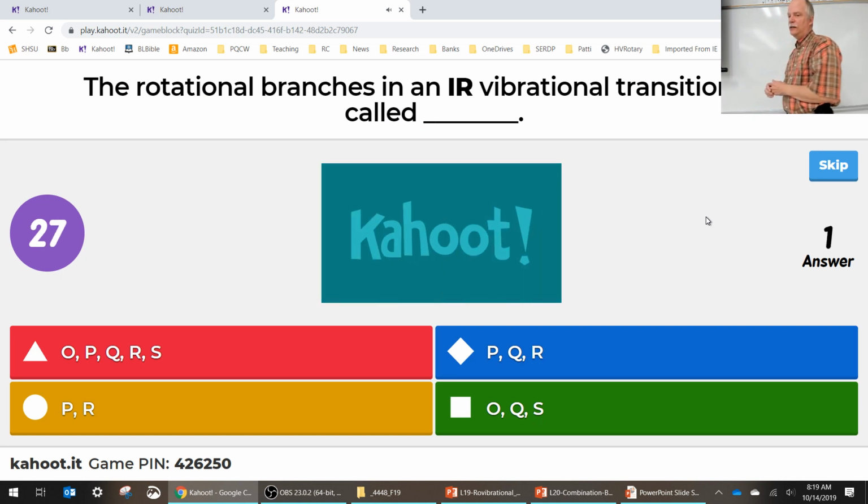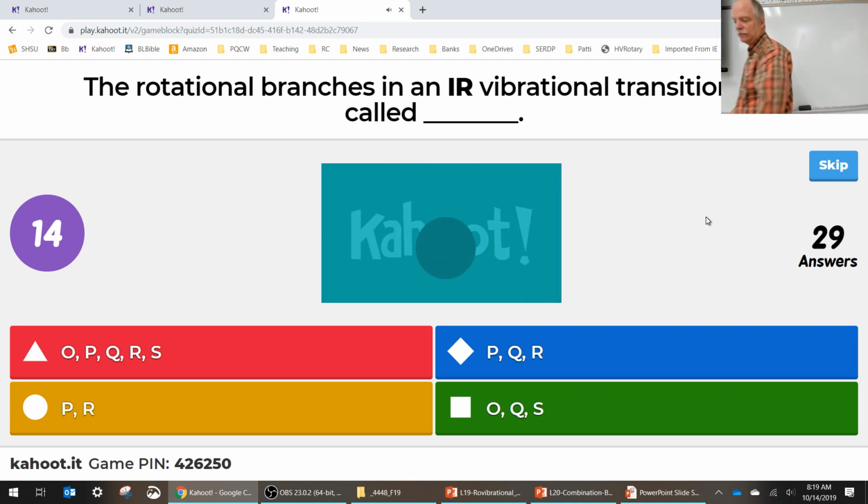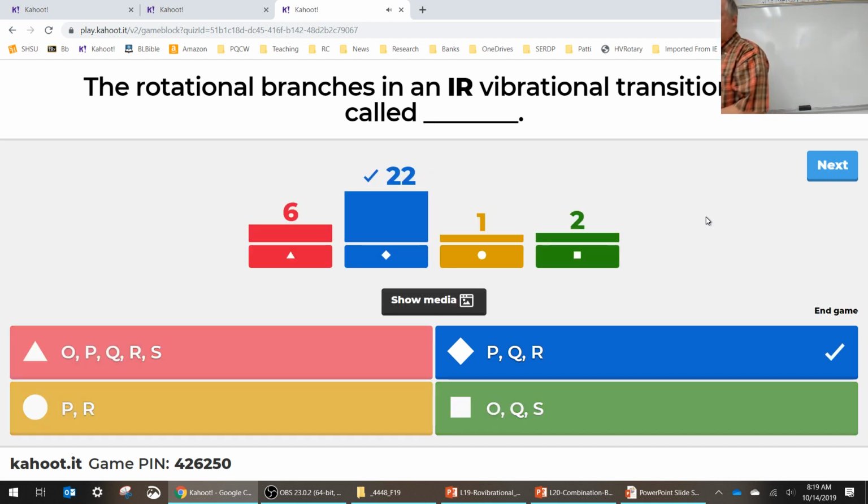So the rotational branches in an IR vibrational transition are called, very good, it's just P, Q, and R. So when we say IR, we're implying that it's direct absorption or emission, whereas Raman is typically using visible lasers.